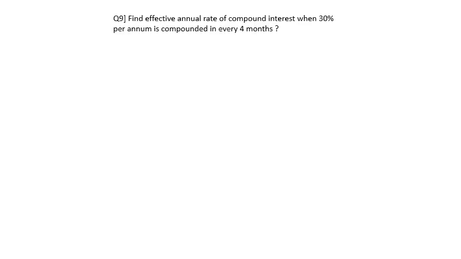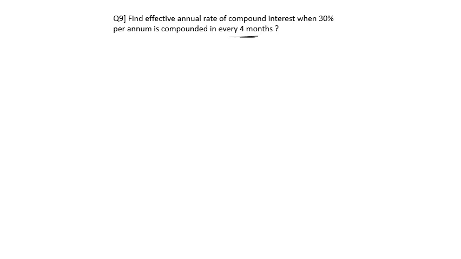Now find the effective annual rate of compound interest when 30% per annum is compounded every 4 months. How many 4-month periods are there, guys, in 1 year? 3 periods.